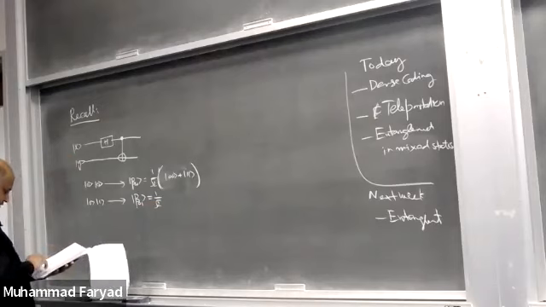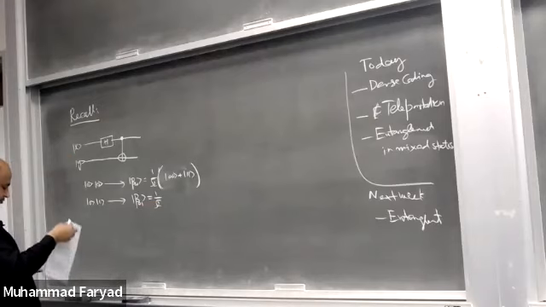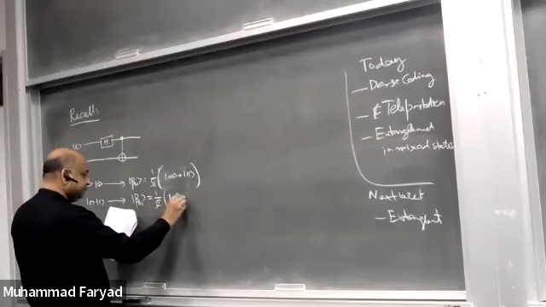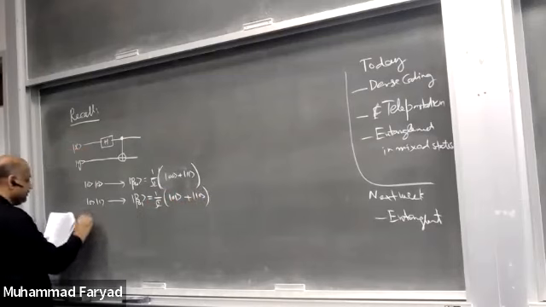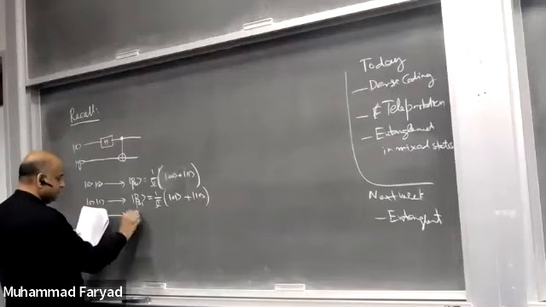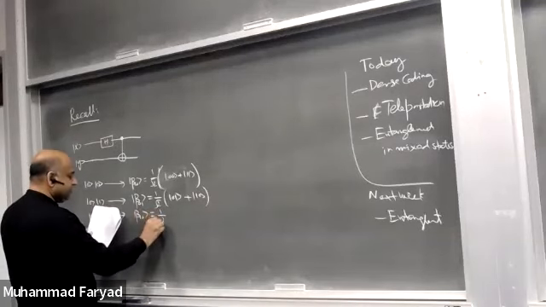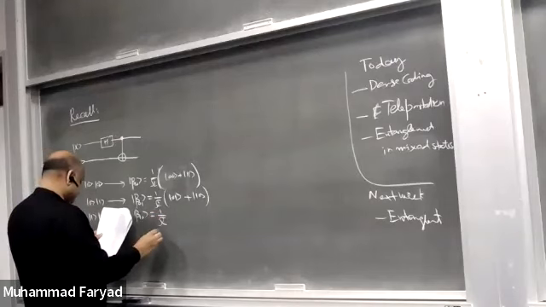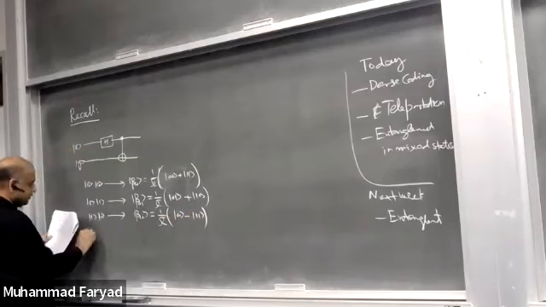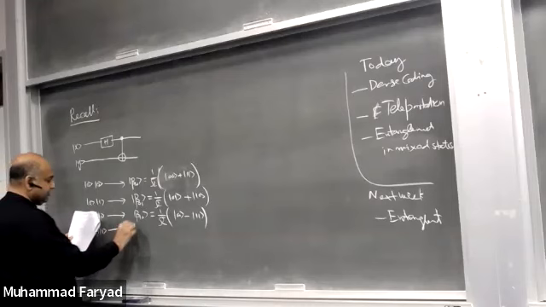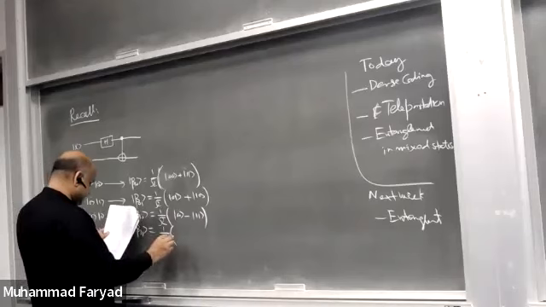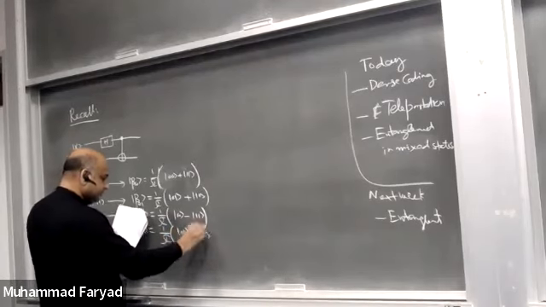This is the state 01 plus 10. And if we start in the 10 product state, we can go to another Bell state, which is also a maximally entangled state. This is 00 minus 11. And if we start in the 11 state, we go to another entangled state, 01 minus 10.